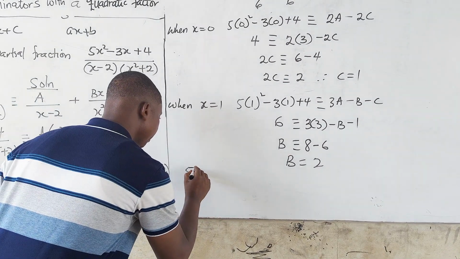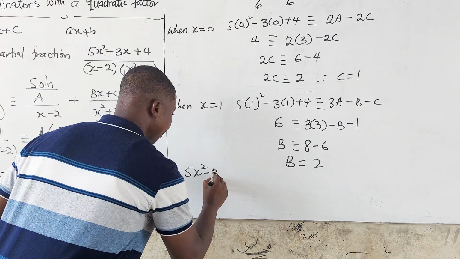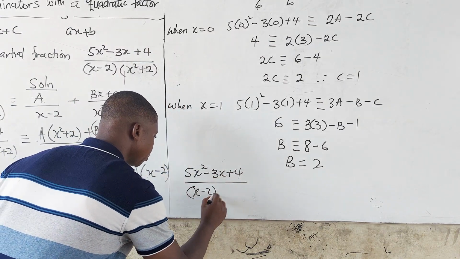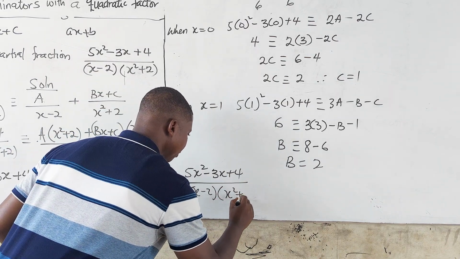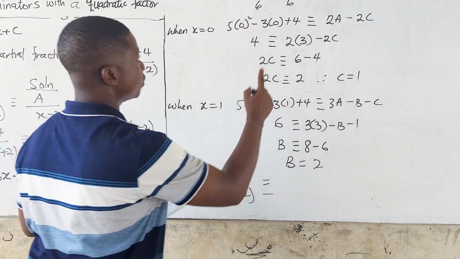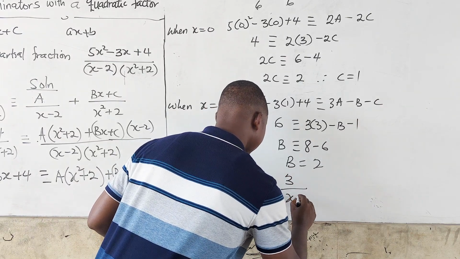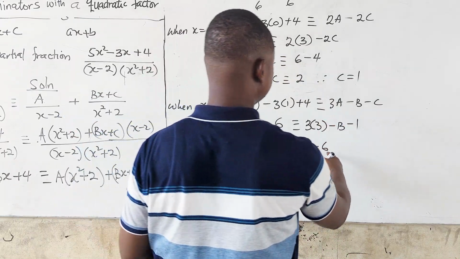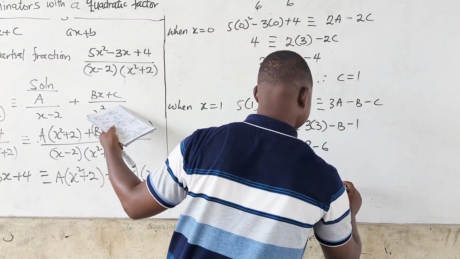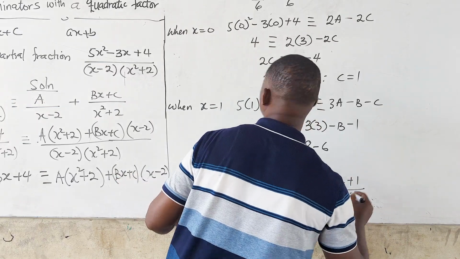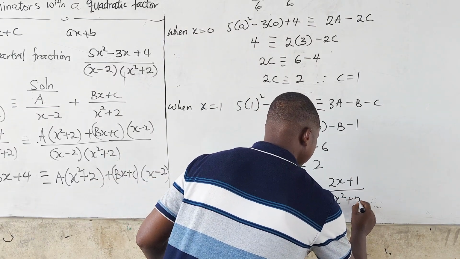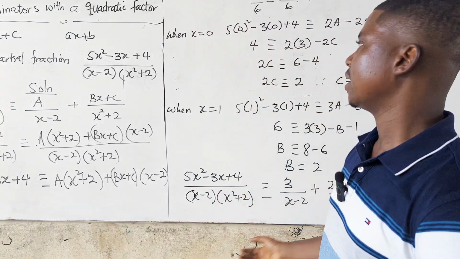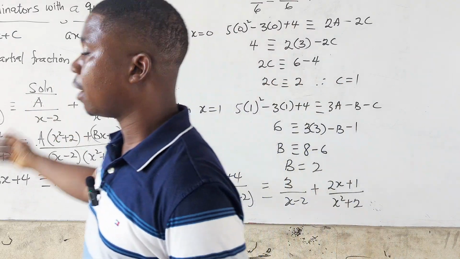So 5x squared minus 3x plus 4 all over x minus 2 times x squared plus 2 is equivalent to 3 over x minus 2 plus, my b is 2, so 2x plus my c, 1, all over x squared plus 2. And this solves the question for this one.